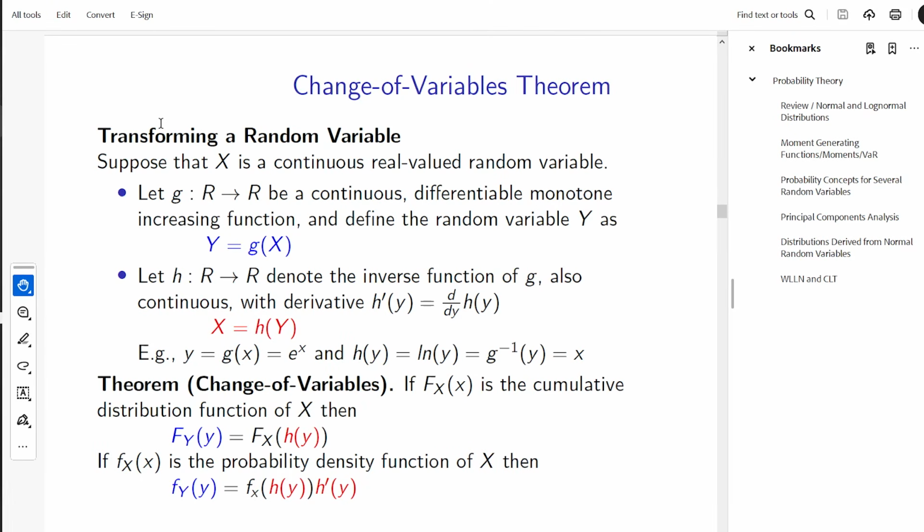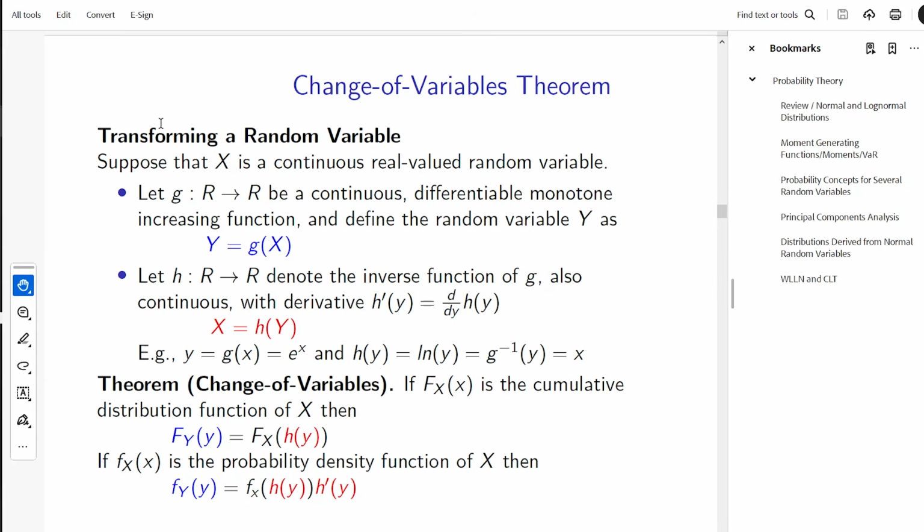Now, one of the useful tools we have in probability theory is being able to derive the distributions of transformations of random variables. With the lognormal, we have a normal distribution, we take the exponential of that normal outcome, and we'd like to be able to write down the density of that distribution and compute different features.